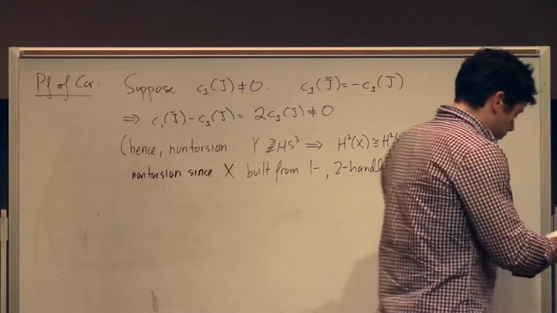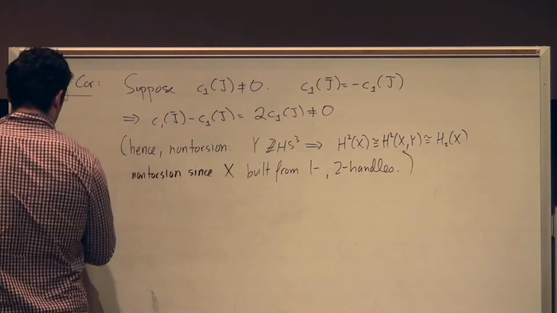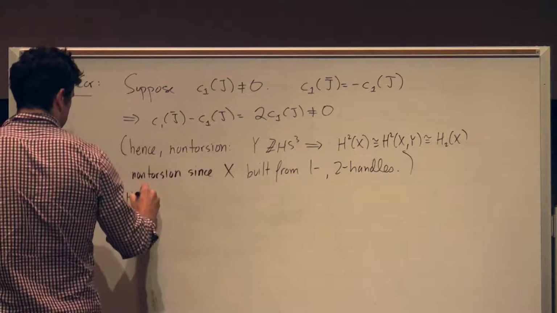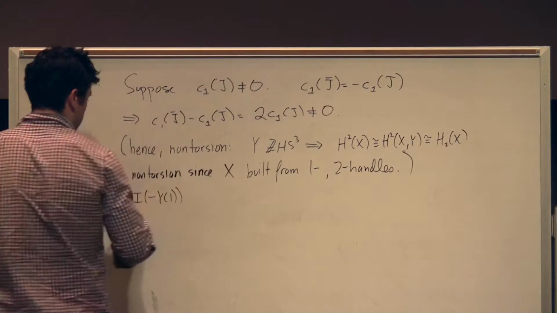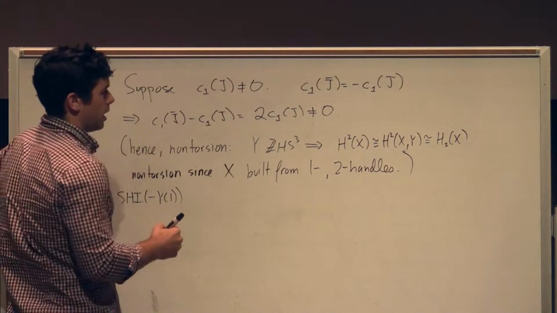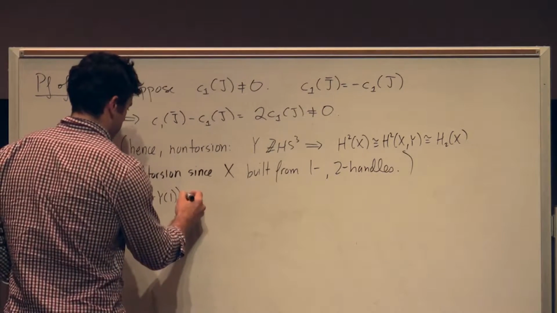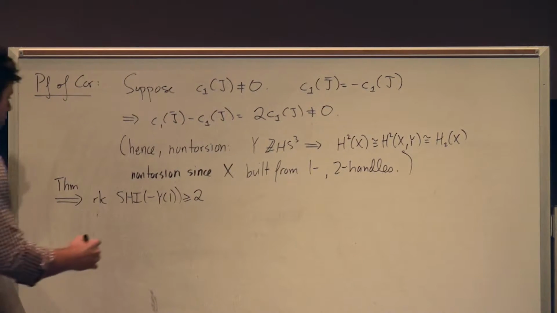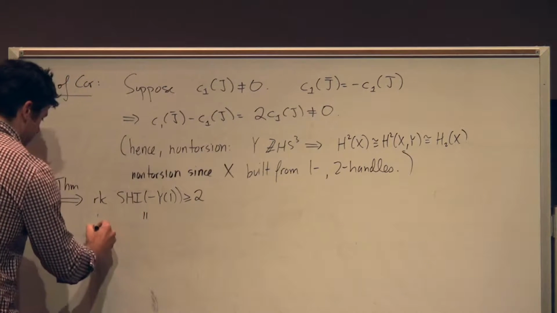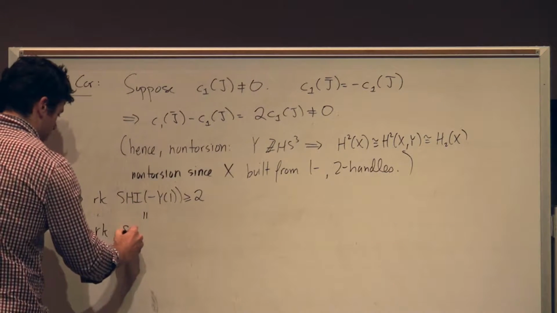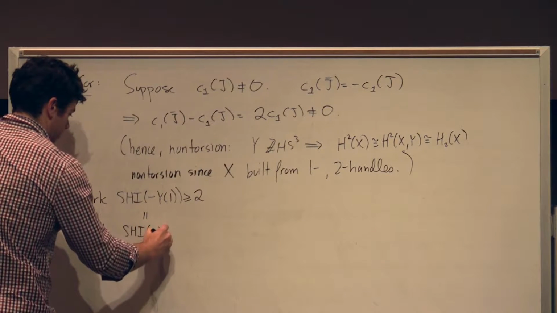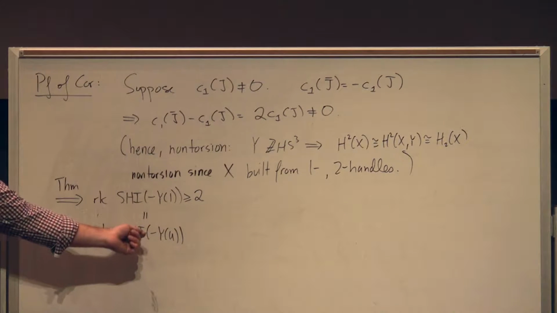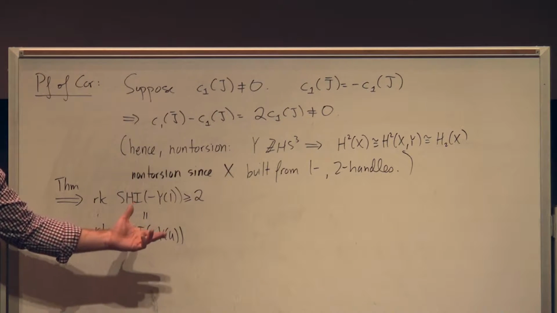Okay. So that implies, by the theorem, that the rank of the sutured instanton Floer homology of minus Y with a ball removed is at least 2. But in fact, you can show that the instanton Floer homology of Y with a ball removed is actually the same as the instanton Floer homology of Y with an unknot removed.